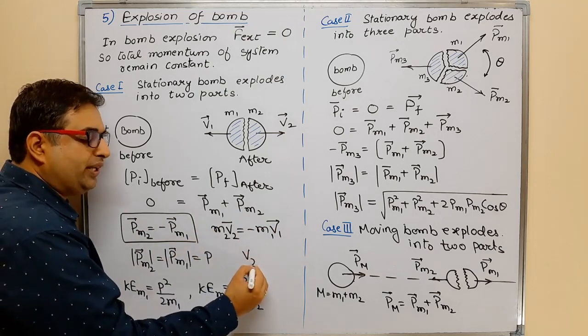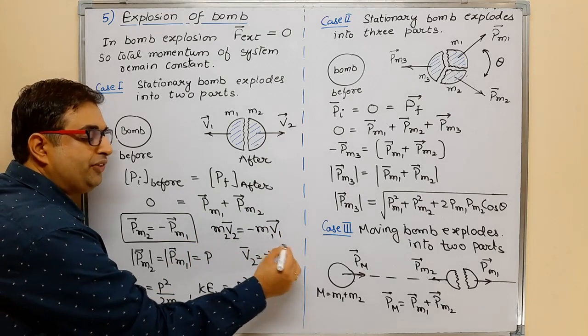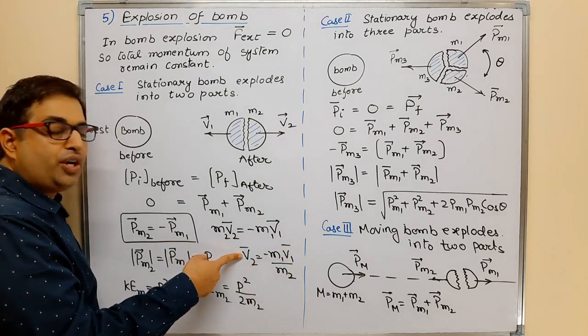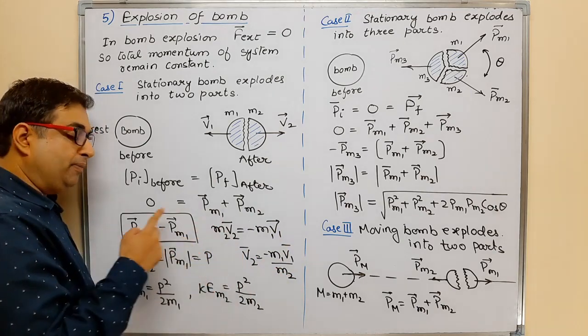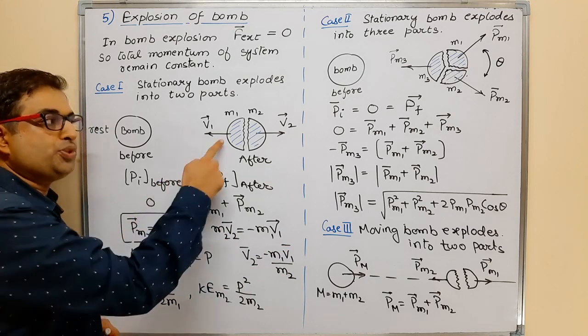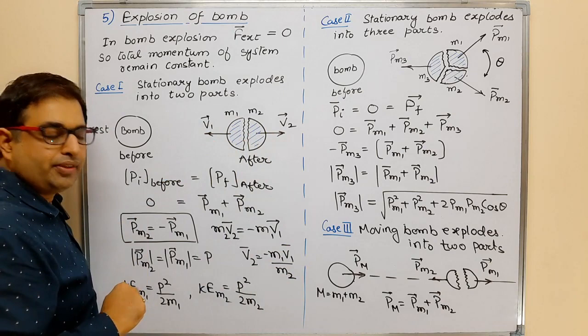From this you can calculate the velocity V2 also, that is minus M1 V1 divided by M2. So this is the velocity of second part. Magnitude wise these momentums are equal, direction wise opposite. So these two fragments will move in opposite direction, right?